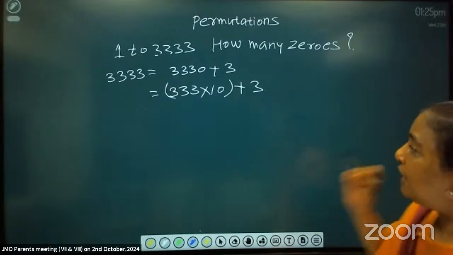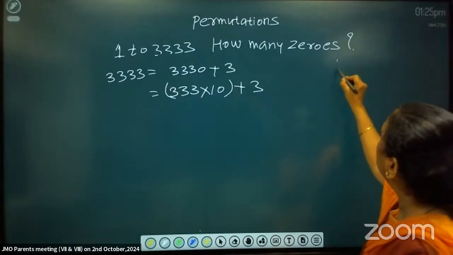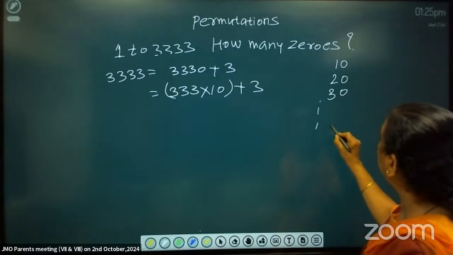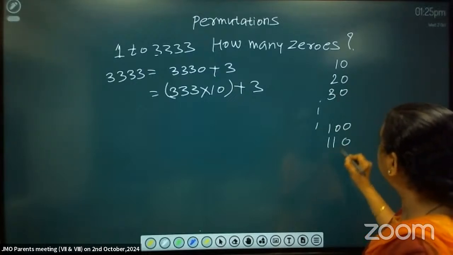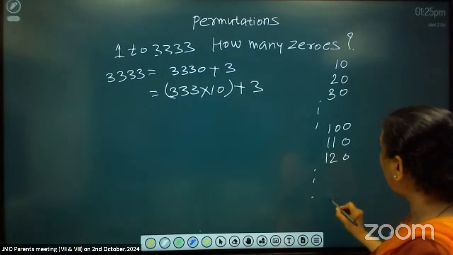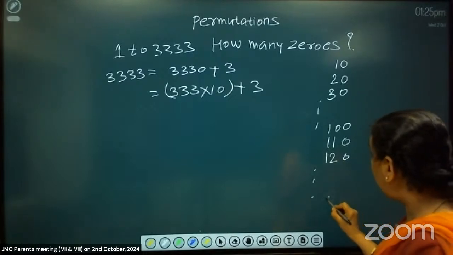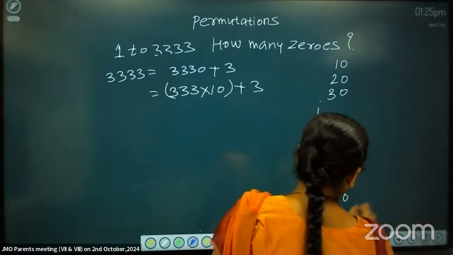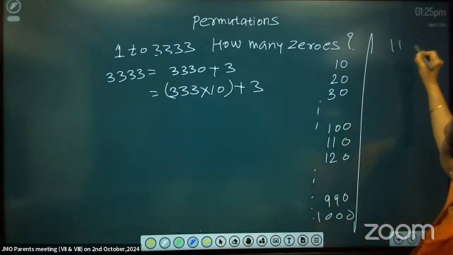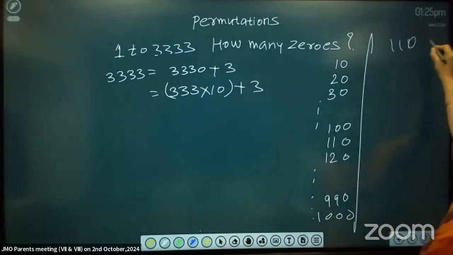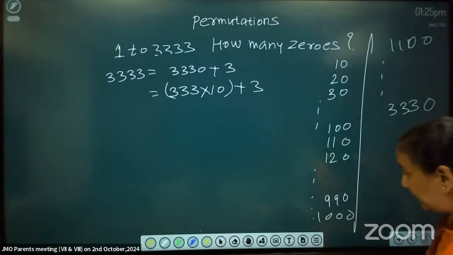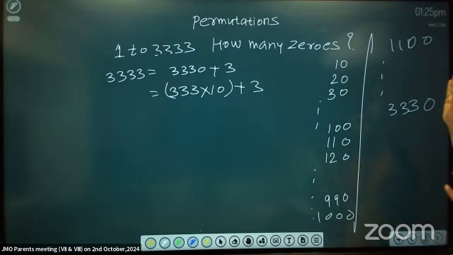So here, what I will do? I will write 10, 20, 30, so on, up to 100, 110, 120, so on, up to say, I write 990, and then further I will write 1000. I can write 1100, and so on. Okay. So till I reach 3330. Correct? Now, what is common in all these numbers?